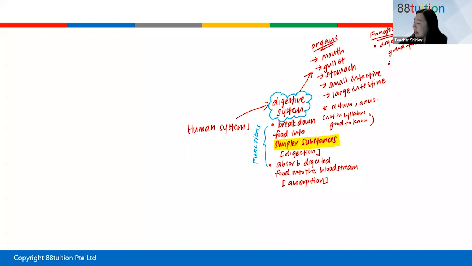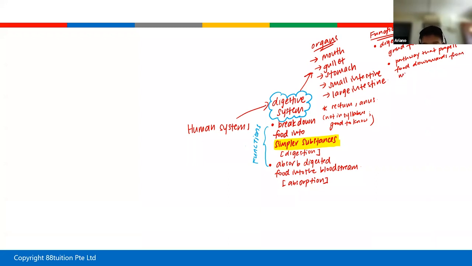Now we talk about the gullet. Does digestion take place in the gullet? Is there digestion in the gullet? No. I see Evan shaking your head. No. The gullet is basically just a pathway that propels food downwards from the mouth to the stomach.